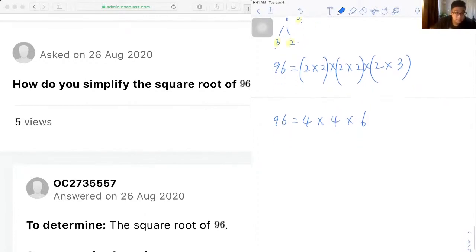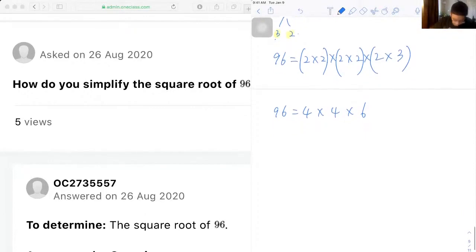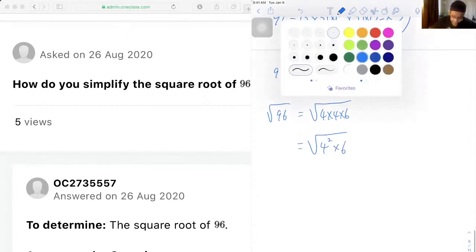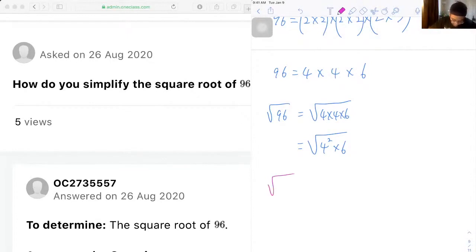Okay, so we can rewrite the root 96 as root 4 times 4 times 6, which is also equal to 4 squared times 6. And recall that whenever we want to take a square root of something squared, it's just going to be equal to the number itself, right?